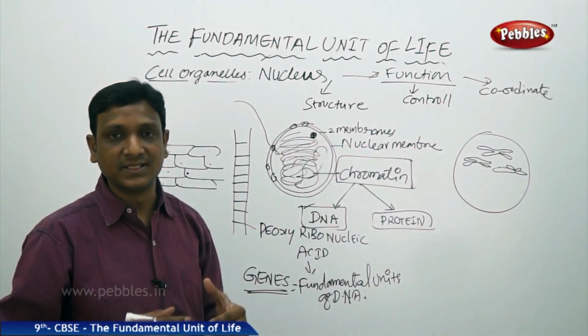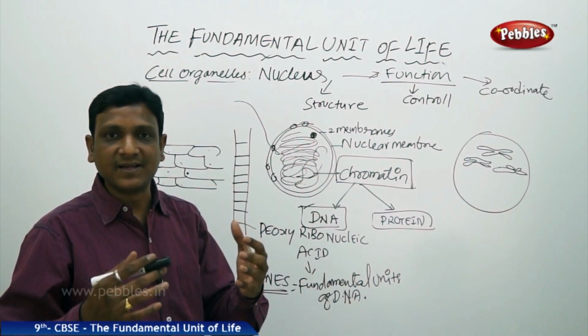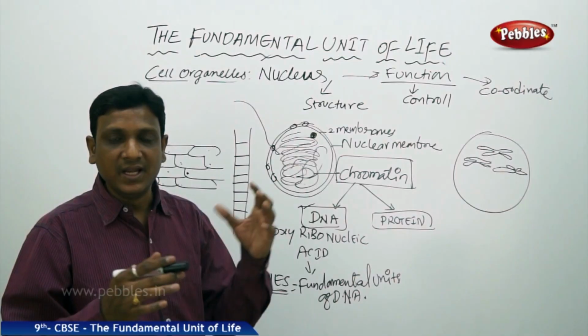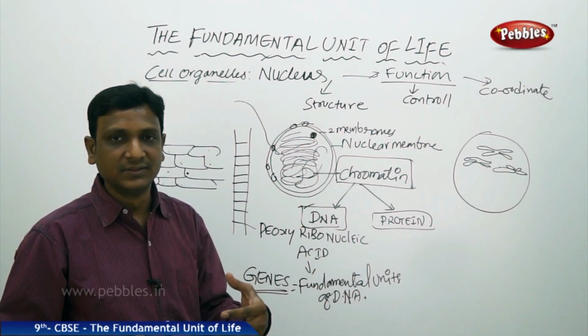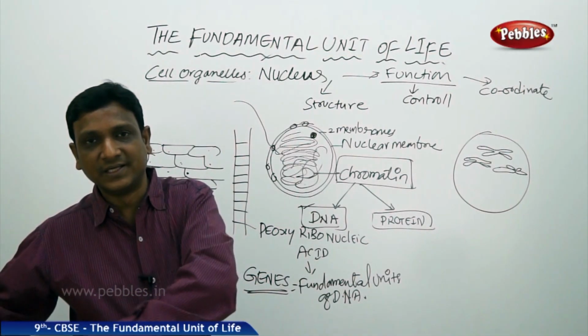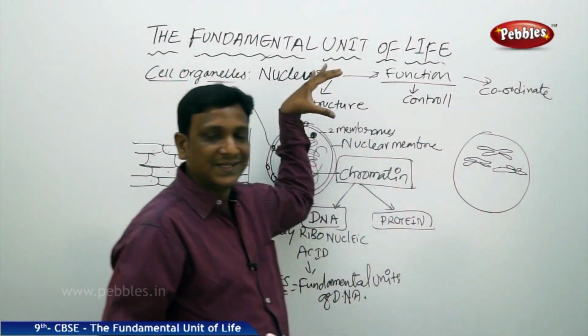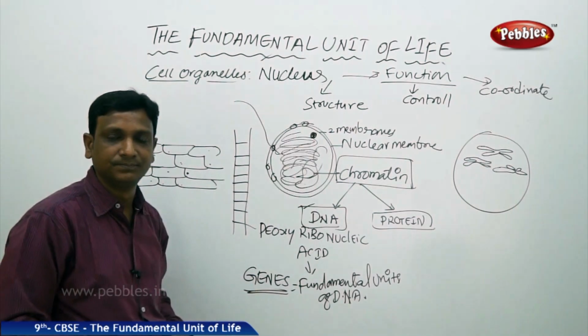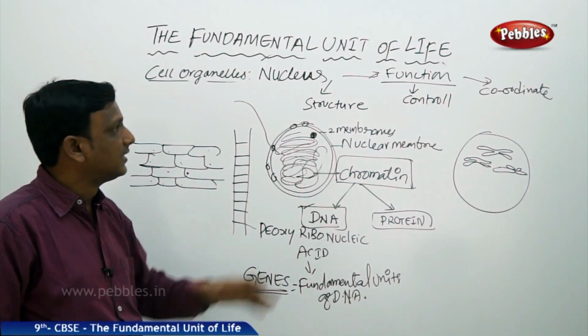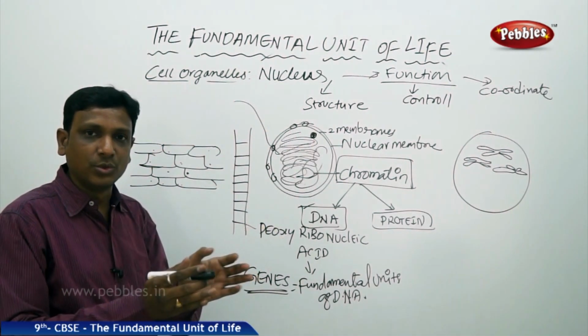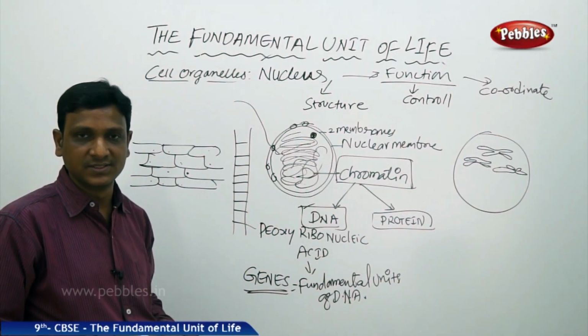It will coordinate. For example, if the material required is produced in excess quantity, it will initiate a feedback mechanism. Convert the excess material to some other material, store it somewhere. In this way, the coordination and control of the cell is achieved by the nucleus. And moreover, the nucleus plays a very important role in cell division, mitosis and meiosis.